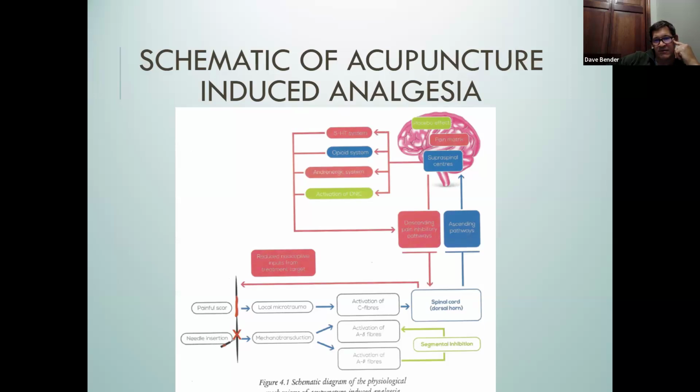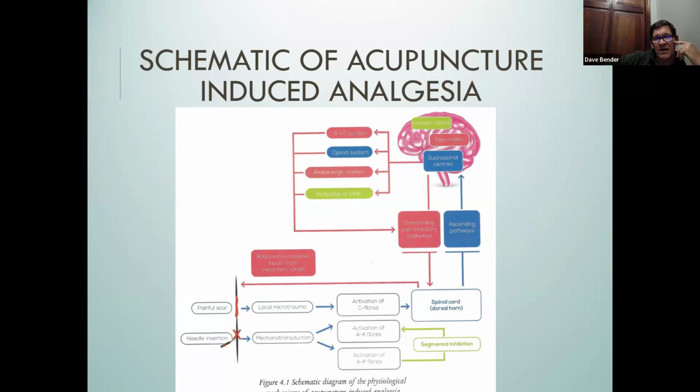It activates the different neural fibers, creating segmental inhibition in that lower loop. You know, that local trauma or C fiber activation from the scar. Here it talks about where that pain modulation is coming in: spinal cord, dorsal horn. That can then come back and also reduce nociceptive inputs through the targeted treatment of the needling.